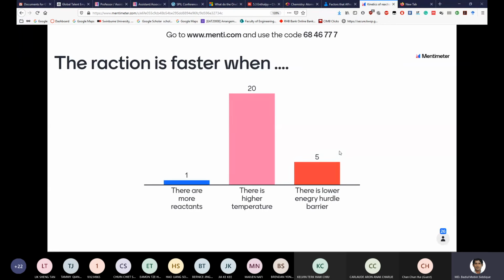Even before you give any temperature, the reaction will go to the product. If the energy hurdle barrier is low, that is much better, it will facilitate the reaction much more.